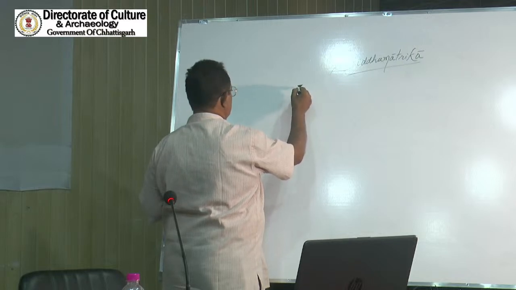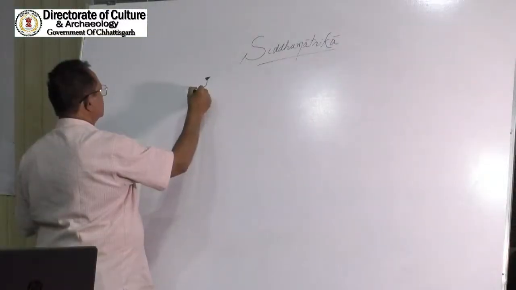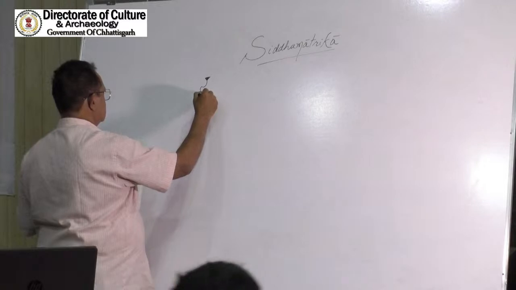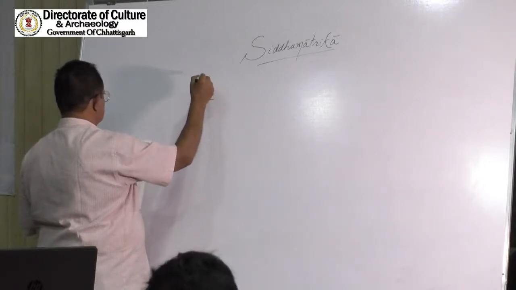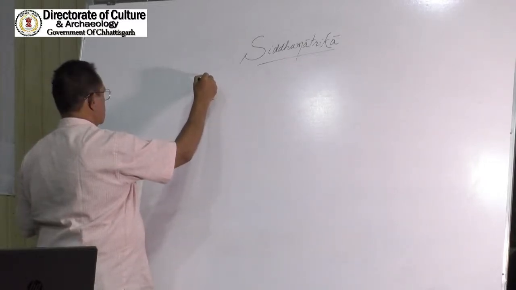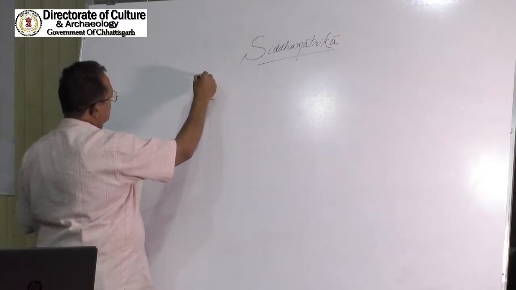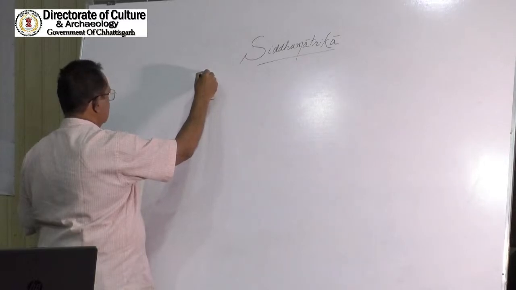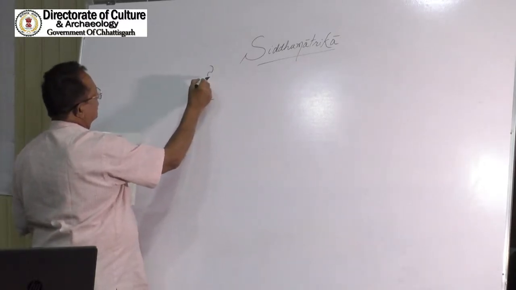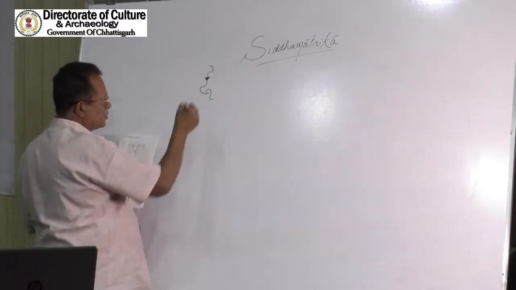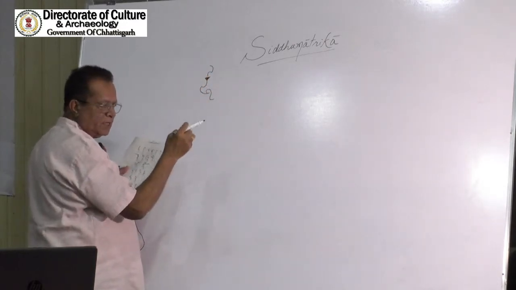A few examples I will be showing. Here you attach a stroke like this, sometimes connected with the top, and sometimes disconnected also. They attach it, or with space they engrave.